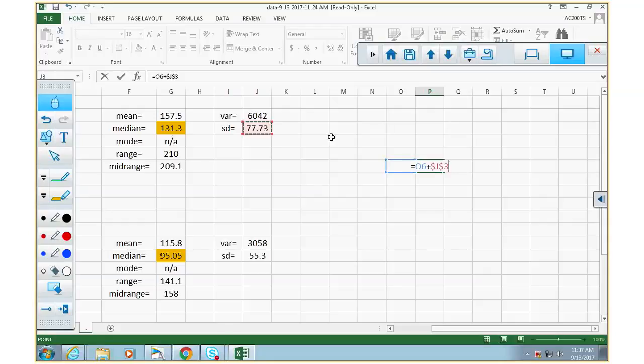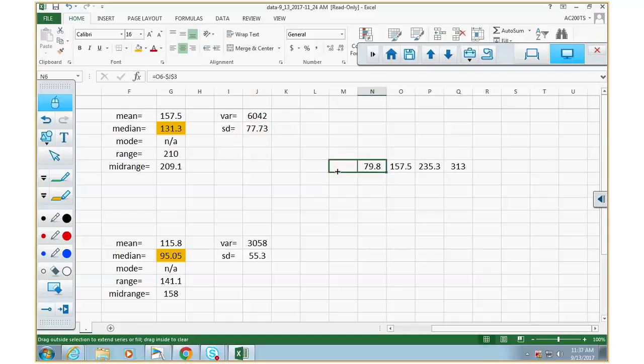And I'm going to copy one more time for 2 standard deviations to the right and 2 standard deviations to the left. So where is 95% of the population going to fall? Between 2 and what? 313.